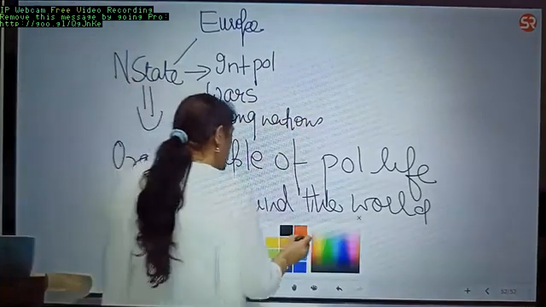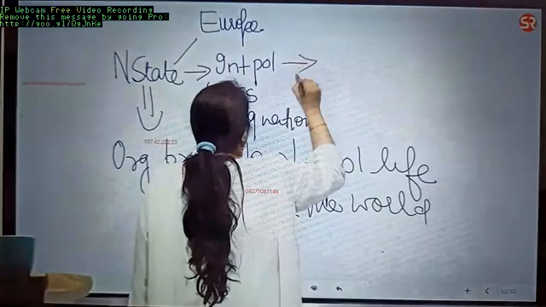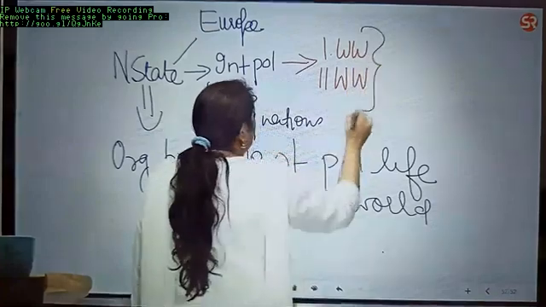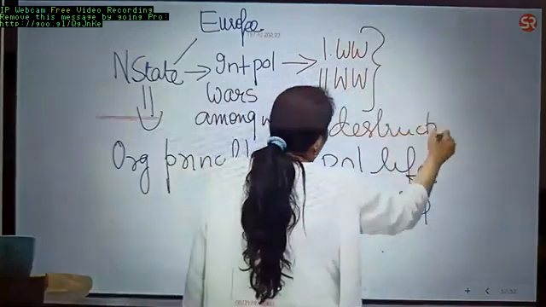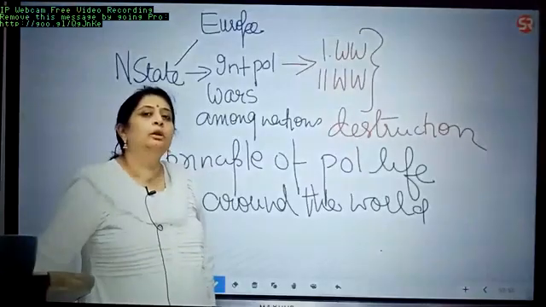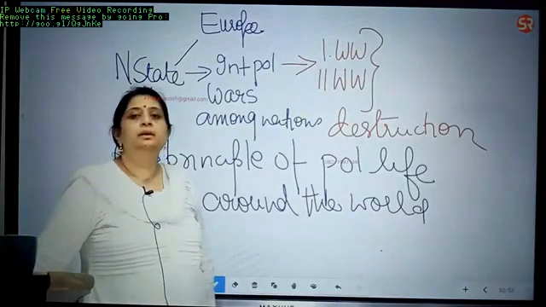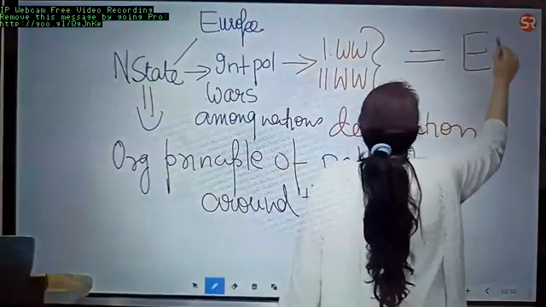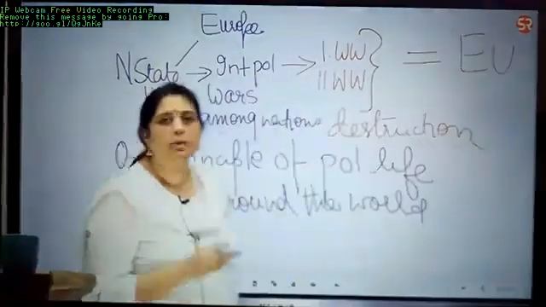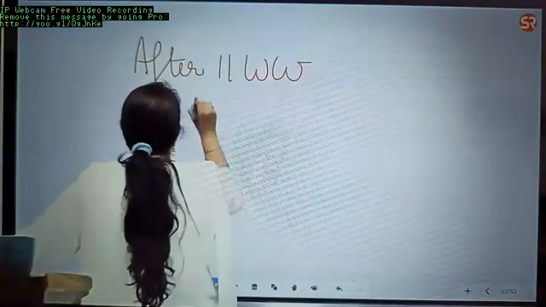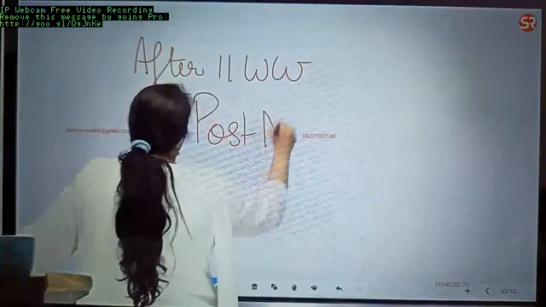Wars among the nations of Europe led to First World War, led to Second World War, and the amount of destruction that happened compelled European politicians to think for an alternative political system. This led to the beginning of European Union. European Union is also an example of a state. Fine. So, after Second World War, in Europe, we call it as a post-modern era.